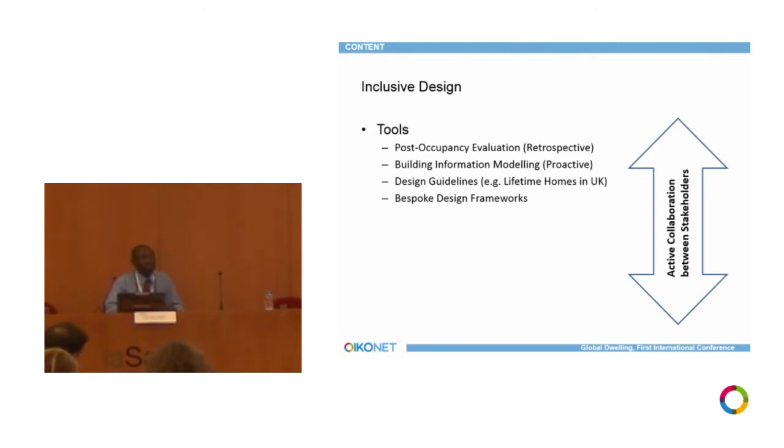But we should also appreciate the fact that this method is a retrospective method of assessing the performance of a building. We have the building information modeling system, which visualizes a building even before it is built, so design errors can be better identified before the errors are committed.